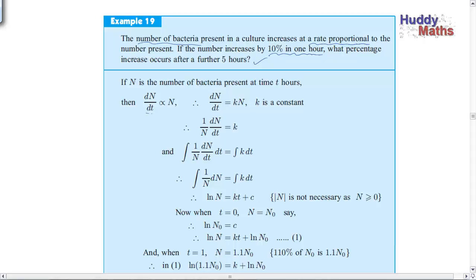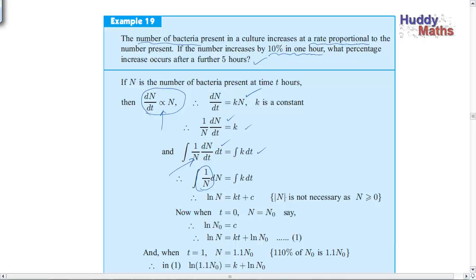Here's the important encoding of the information. The rate of change of the number of bacteria is proportional to n. So therefore we can write this, and you should be getting familiar with this now. Separating the n, it's 1 on n dn by dt equals k. It's the integral of that, because this is recognising the chain rule being applied.